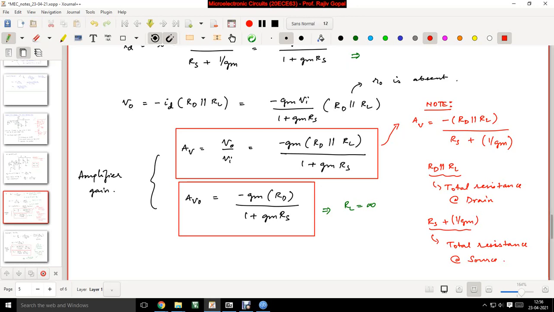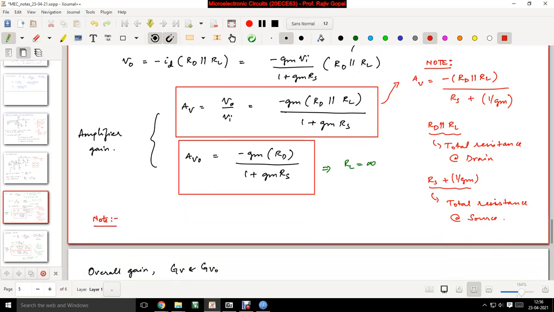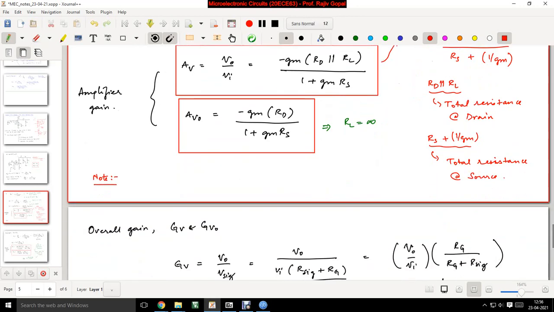So another note, the same note. Amplifier gain is a ratio of total resistance seen at drain to total resistance seen at source.